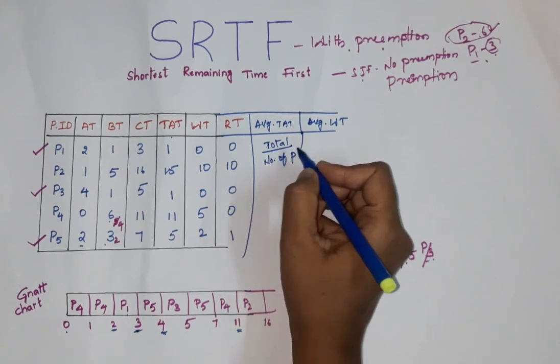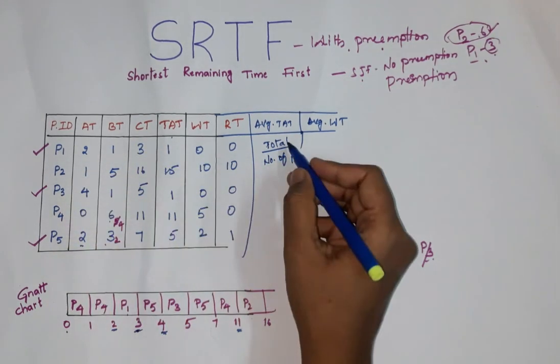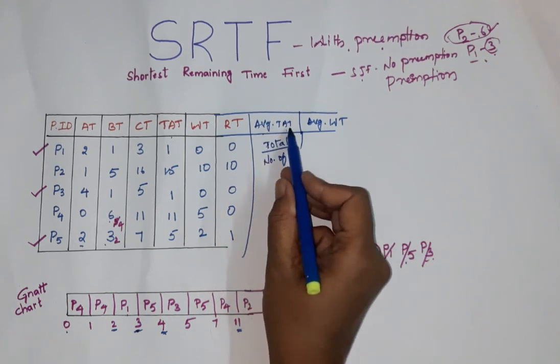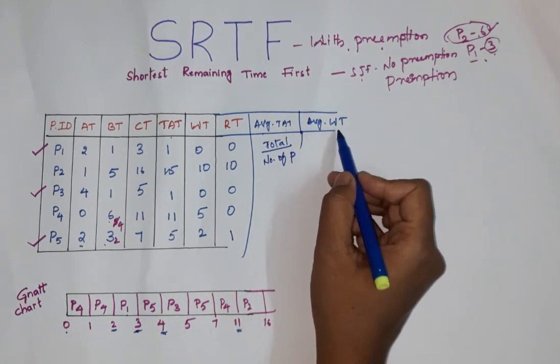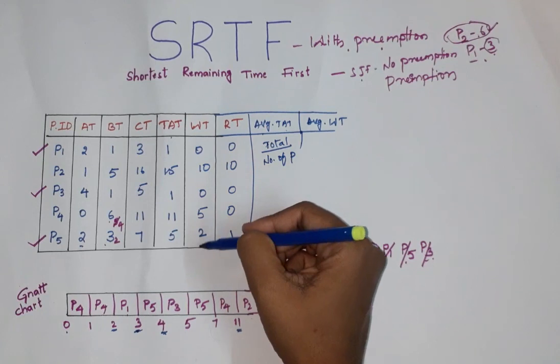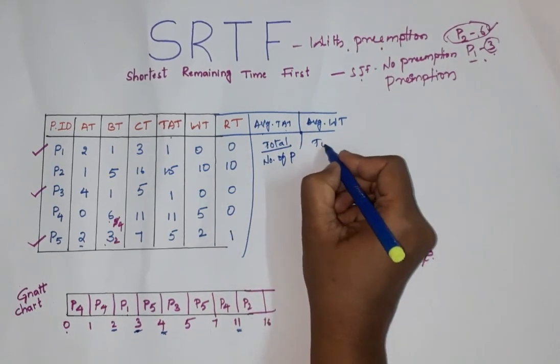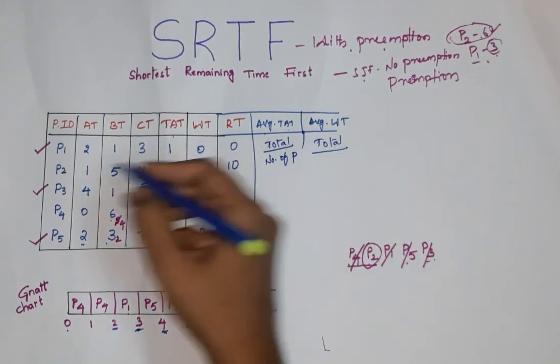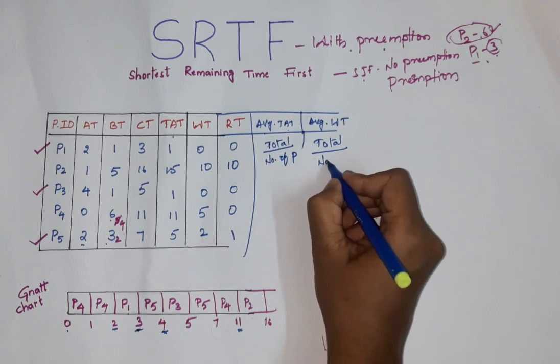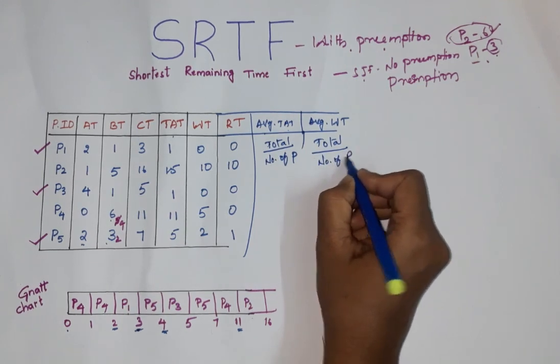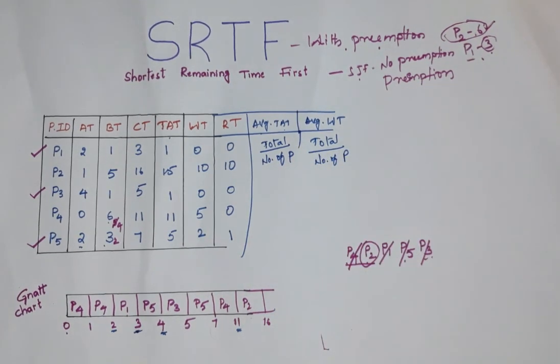How many processes are there? 5. It will give the average turnaround time. And average waiting time is also the same. You have to add all these values and divide the total by the number of processes. This will give the average waiting time.